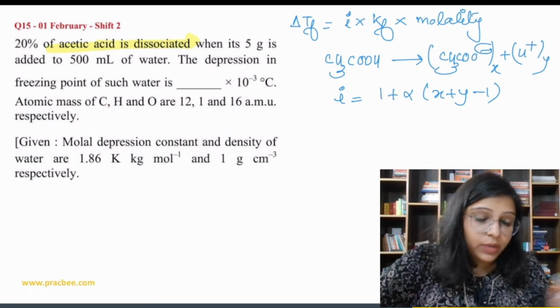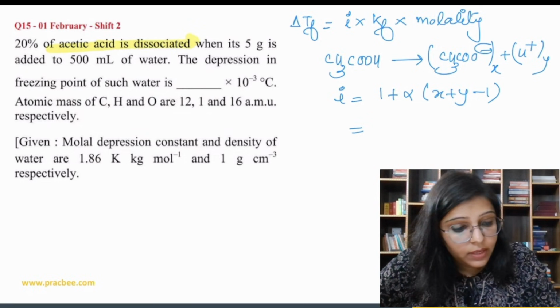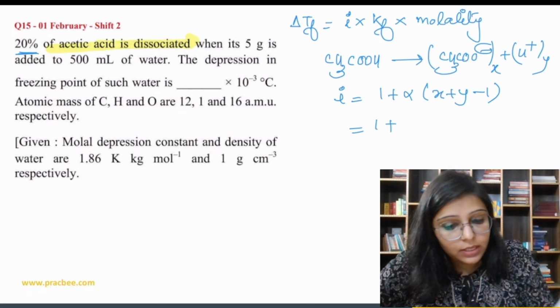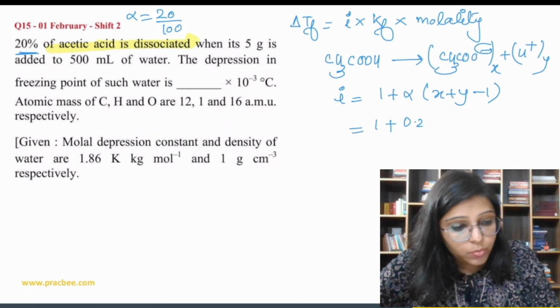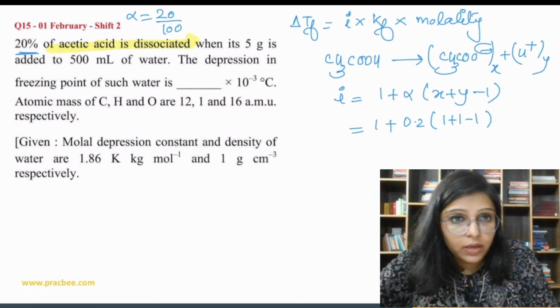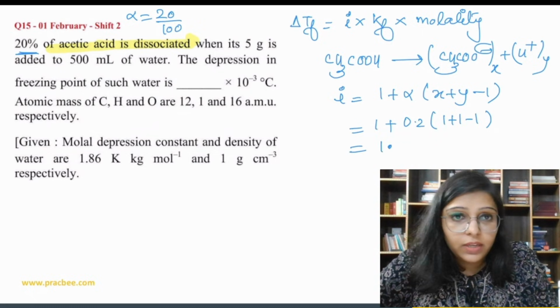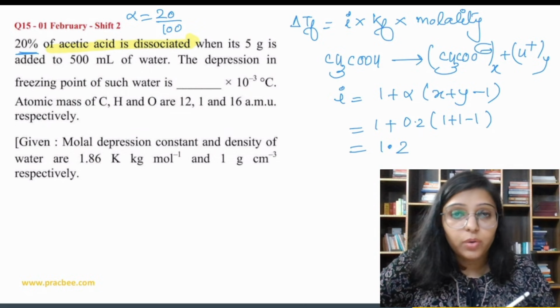I am going to prove it later. Alpha is equal to 20%, which means 20 by 100, which is 0.2. So 1 plus 0.2 into (2 minus 1). On solving this further, we get i value as 1.2.